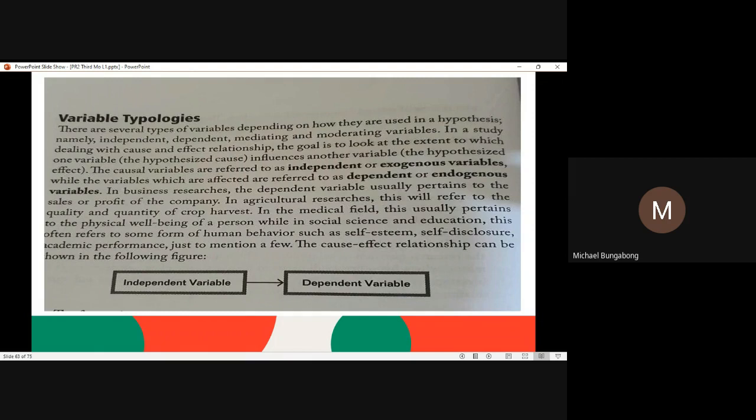Right? Aside from agriculture, what about in the medical field? So this usually pertains to the physical well-being of a person. So, syempre lalo na ngayon, pandemic, no? So ang mental health or ang ating physical health, it matters on the movement of the virus, or anong tawag diyan, the terminology na tinatawag natin sa virus kapag lumalakas siya.